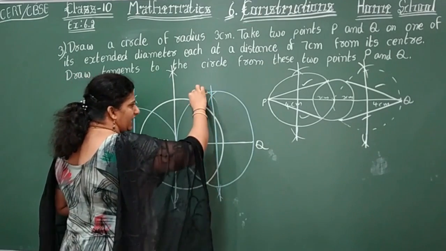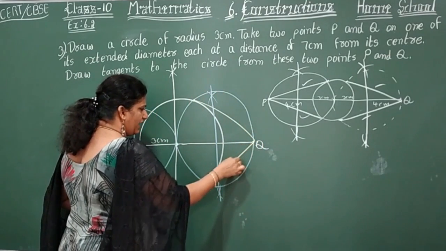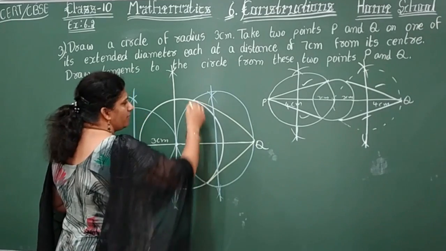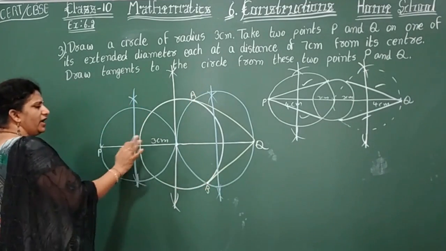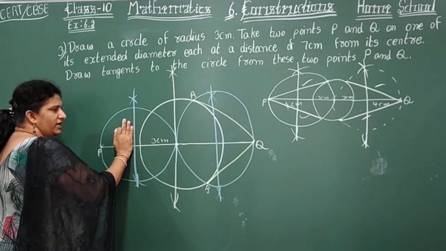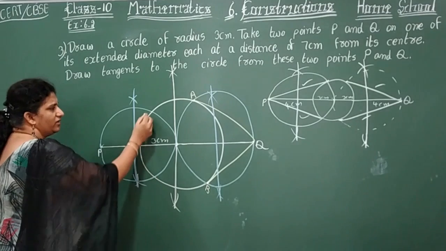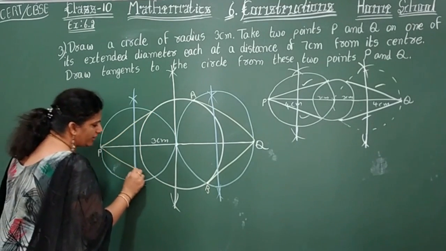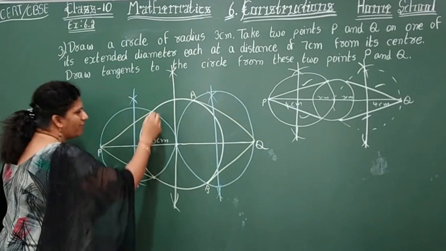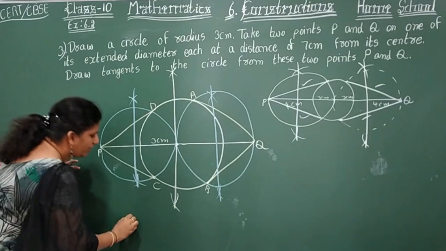So take a scale and join this and join this. Mark A, B. Look here, here also. This new circle touches the old circle here and here. Take a scale and then join these two. Okay, mark C, D.